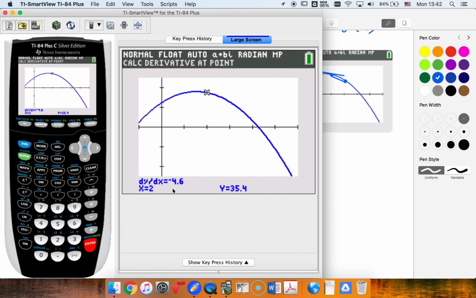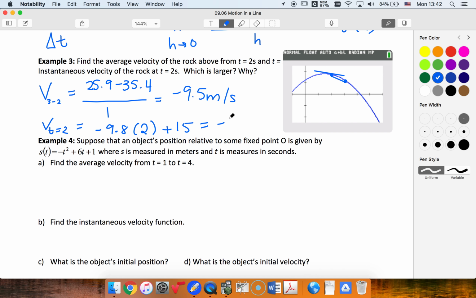And I get that my derivative value, or my instantaneous velocity, is negative 4.6 meters per second. So technically this one is larger because it's less negative. And really what that means is that my instantaneous velocity is slower than if I look at my average velocity between those 2 points.